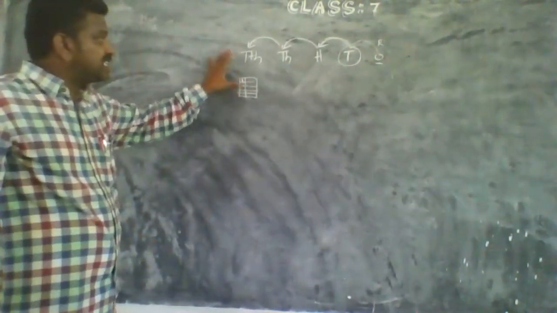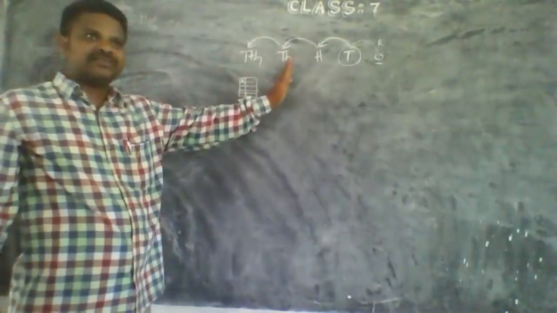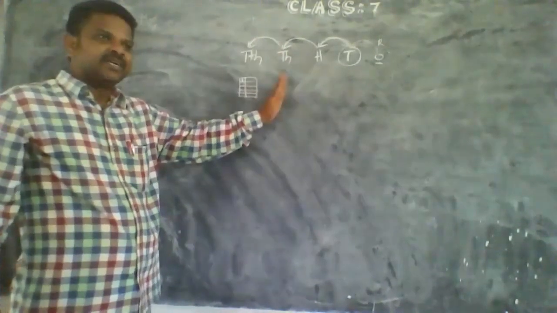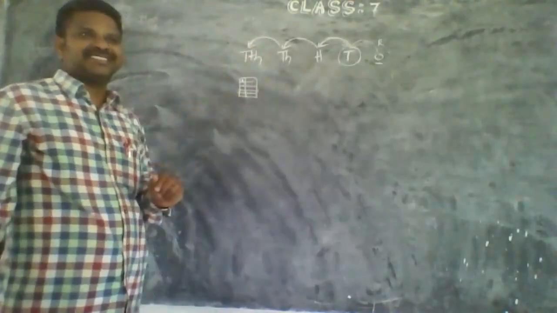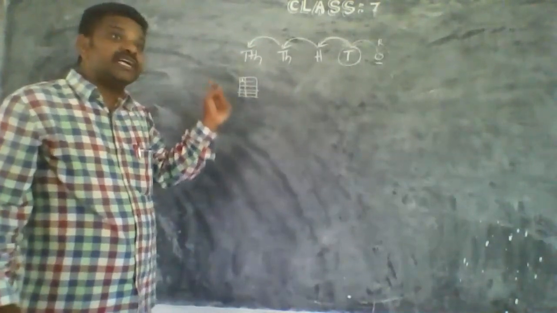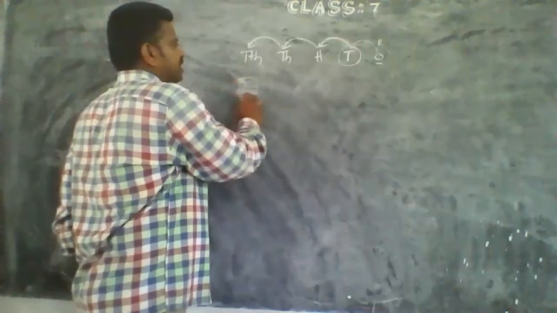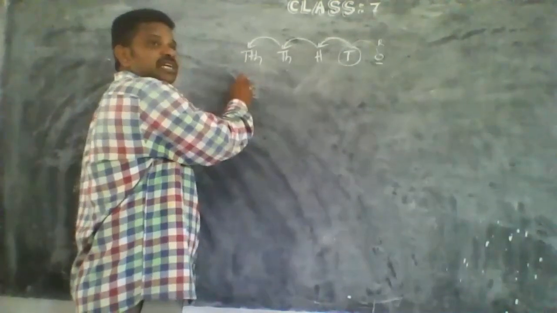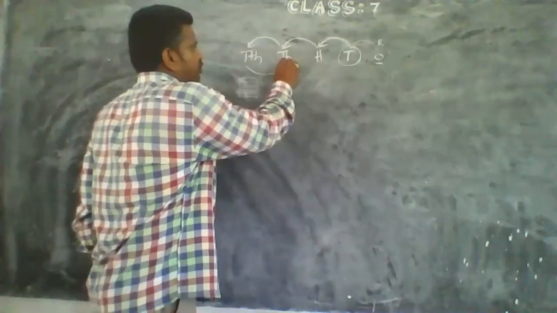When 1,000 is divided into 10 parts, one part is 100. That means 1/10 part of 10,000 is equal to 1,000.